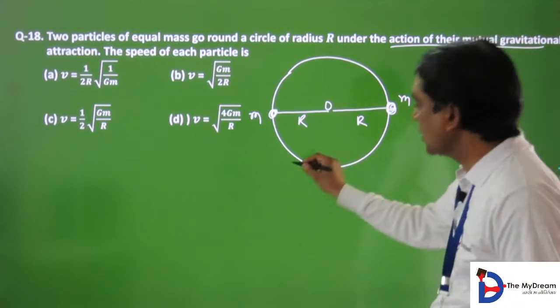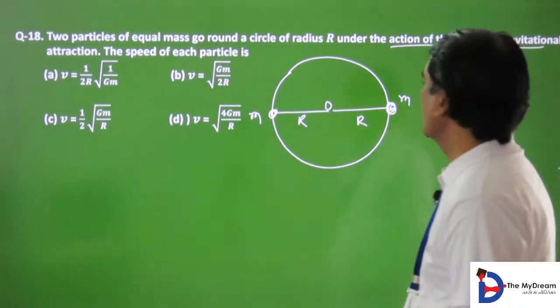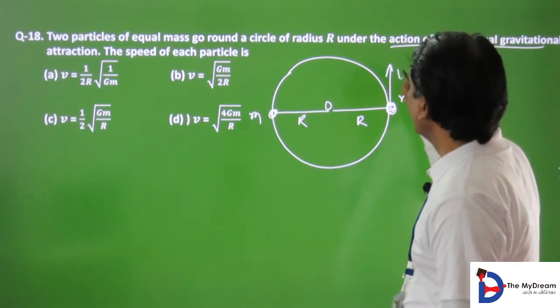If one is here, the other will be here. And you want to know the speed of each particle.